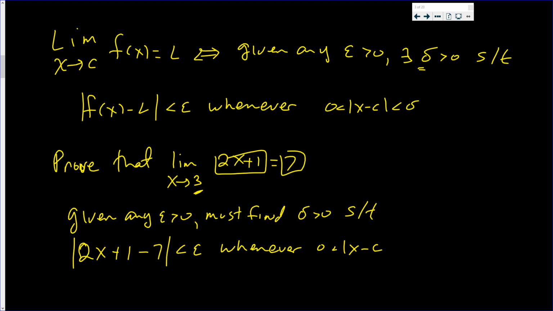C is 3. X minus 3, which is less than delta.